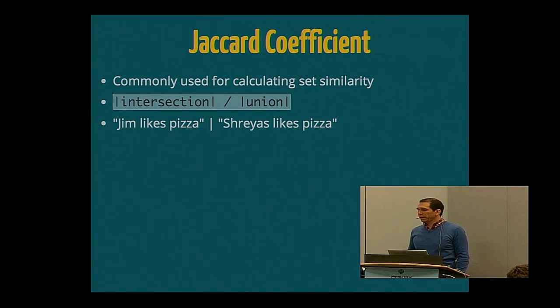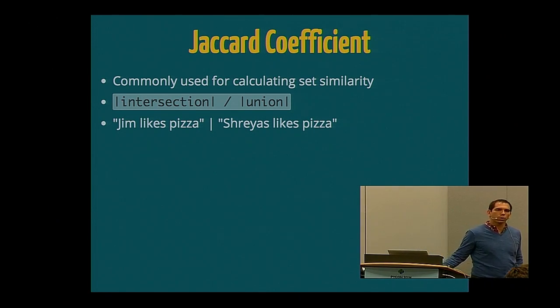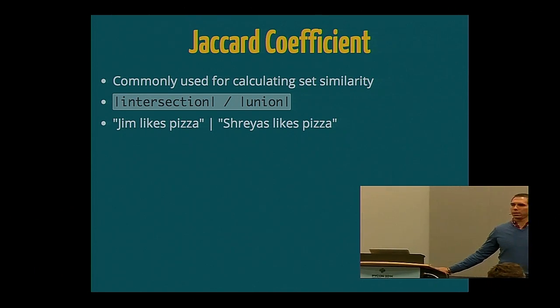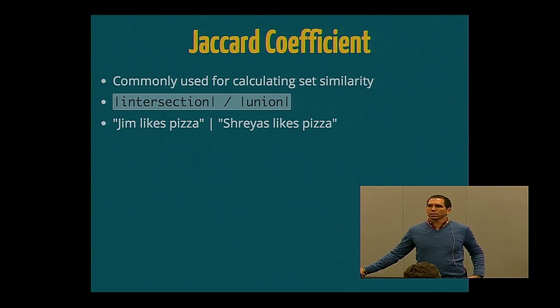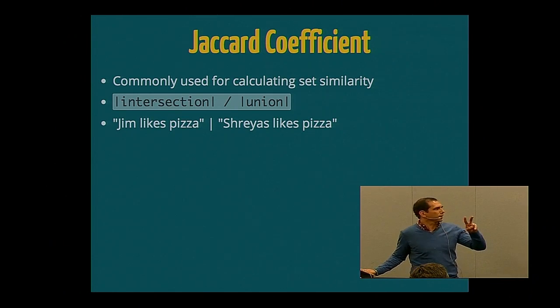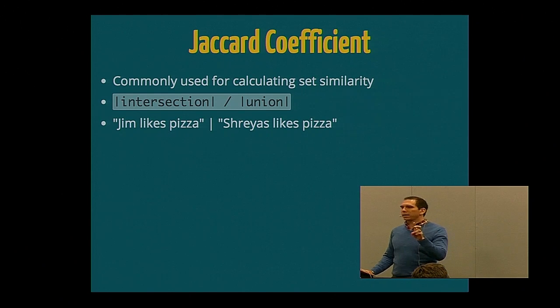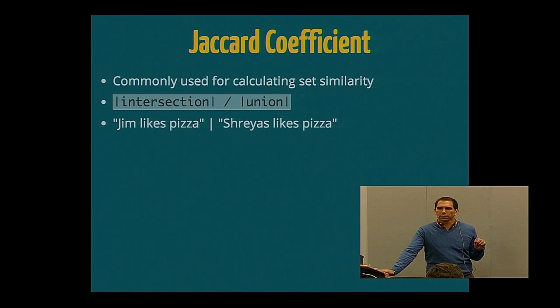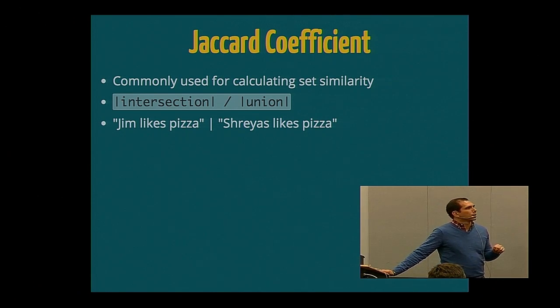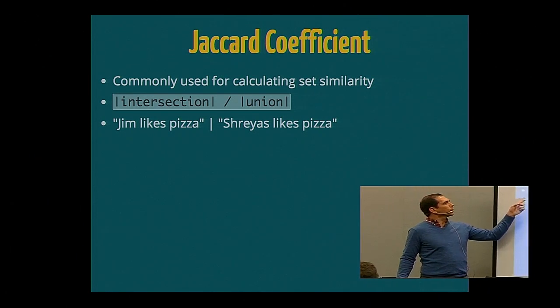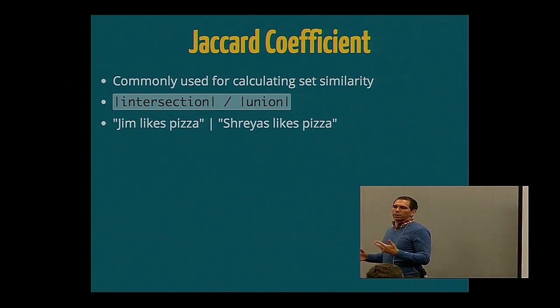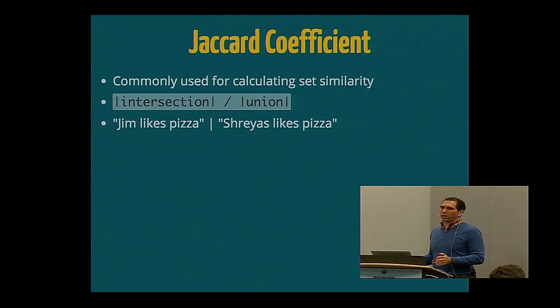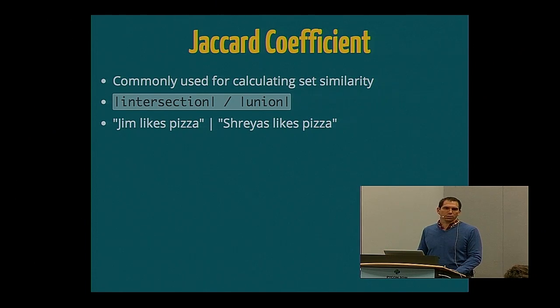If we take the intersection of the words in those strings, how many words do we have in the intersection? 2, exactly. Likes pizza, right? And then if we take the union of those 2 sets, how many words do we have? 4, exactly. So if we have 2 over 4, we can say these are, using the Jaccard coefficient, 0.5 similar, roughly similar. Does that make sense?